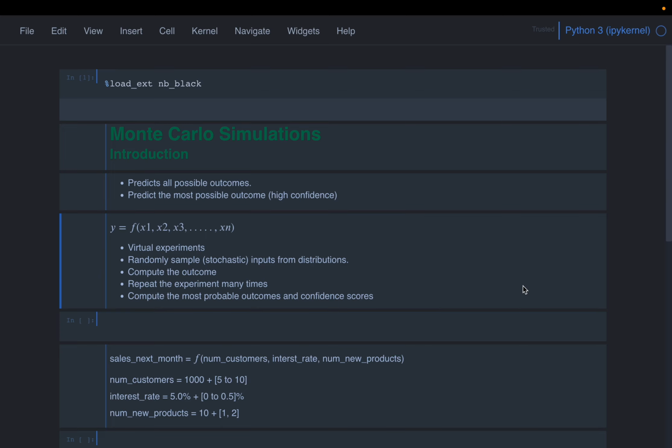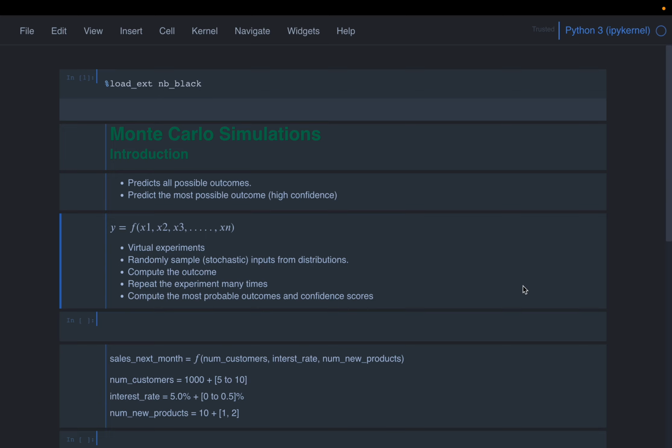We'll start with very simple examples so that we can understand the basics, and then we will learn how to apply Monte Carlo simulations to real life use cases like stock price prediction, portfolio optimization, risk prediction, maybe to understand some material properties, etc. I will add more and more real world use cases in a few months.